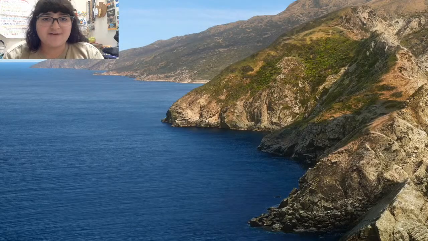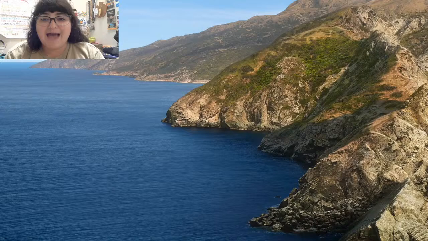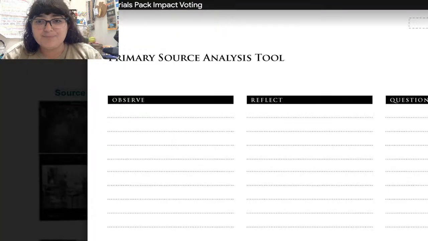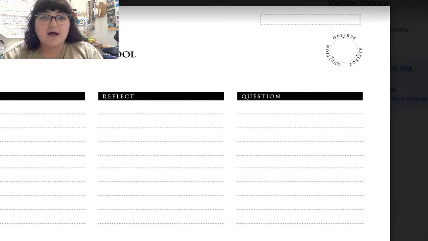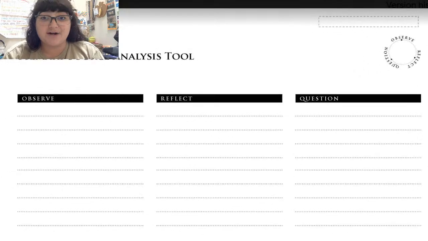So one of my favorite parts of history, and give me a second while I bring this up. One of my favorite parts of history is looking at primary sources. What are they called? Primary sources. And a primary source really is something that has been introduced from that time period.